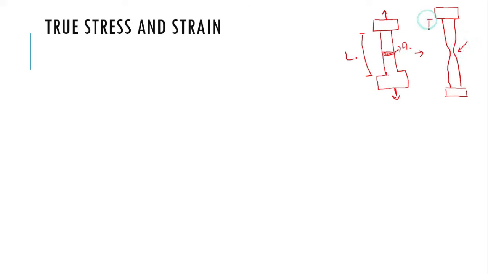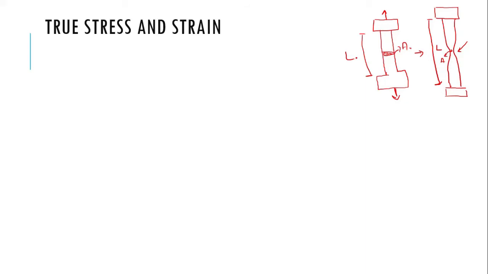So now the new gauge length for this specimen is L, while the cross-sectional area at this region is, you can say, A. The cross-sectional area will be A, right?